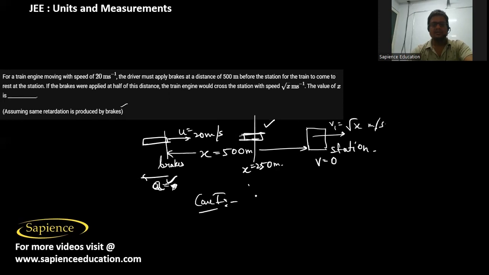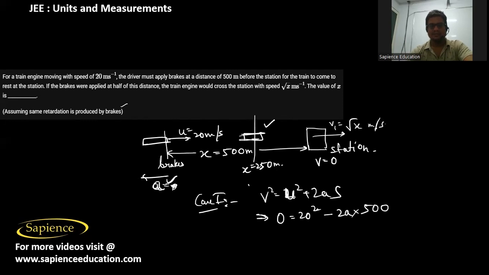In the first case, v square equals u square plus 2as. So v is 0, that is equal to u square, which is 20 square, minus 2a into s, s is 500, and the acceleration is minus a since it is the retardation. So the retardation will be equal to 400 divided by 1000, that is 0.4 meter per second square.